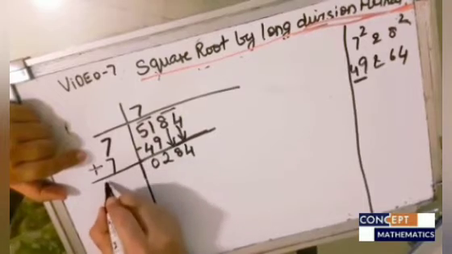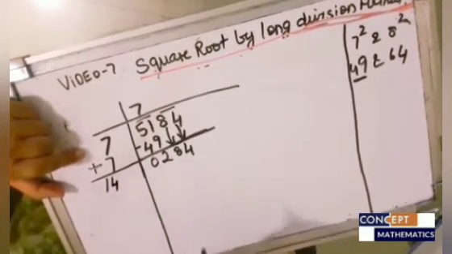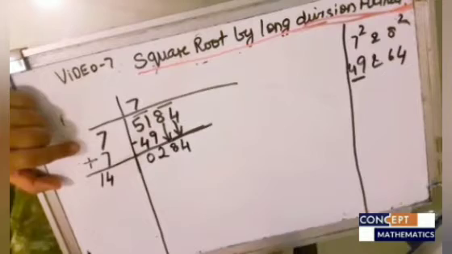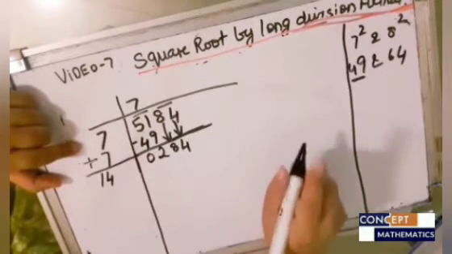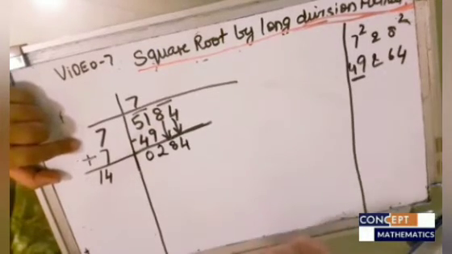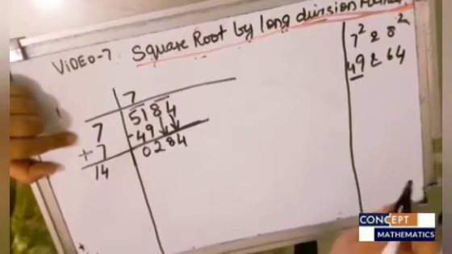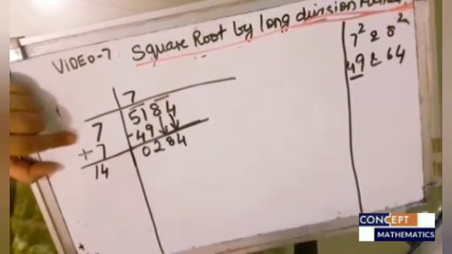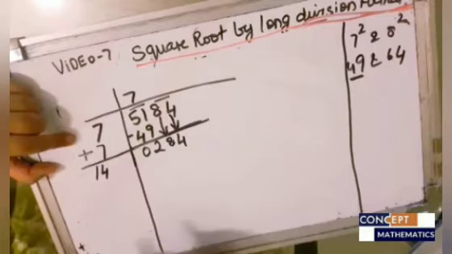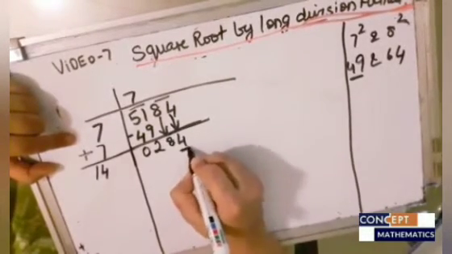So 7 plus 7 gives you 14. And here you should be very careful that the number should always be a square. Now the last digit over here is 4.